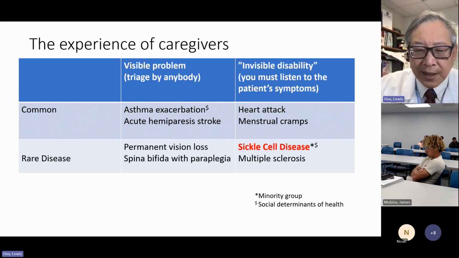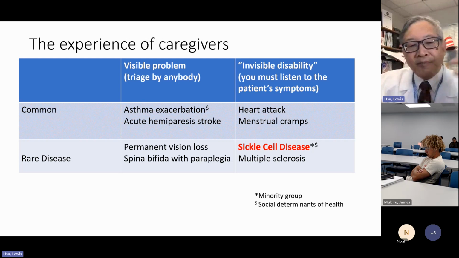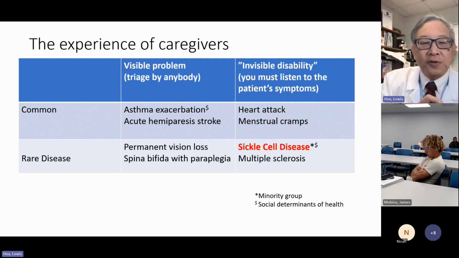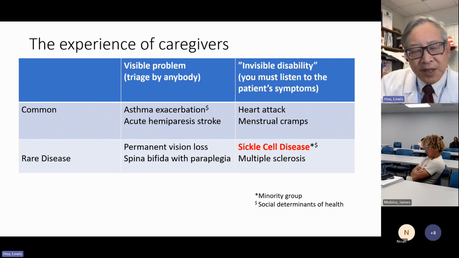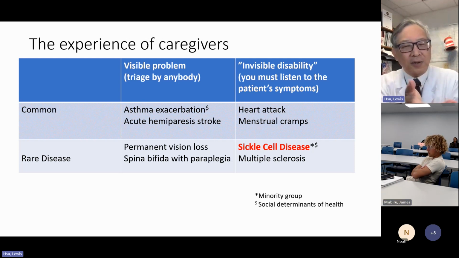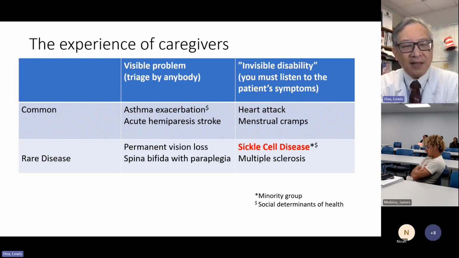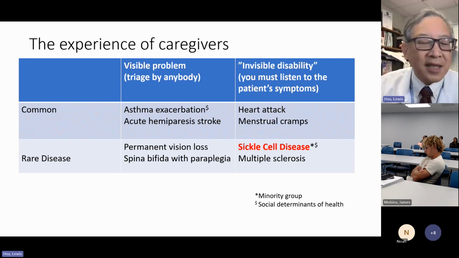I don't know if you guys have heard of that, but that and sickle cell disease are known for this unusual intermittent pattern where some days are good days and other days are not. So if you go in and you say, oh, I need help, a person may say, you know, I saw you 2 days ago and you were fine. What's the matter with you today? Why would you need help today and not 2 days ago? So in these intermittent things, it's not like every day is a bad day, but some days you might need help.